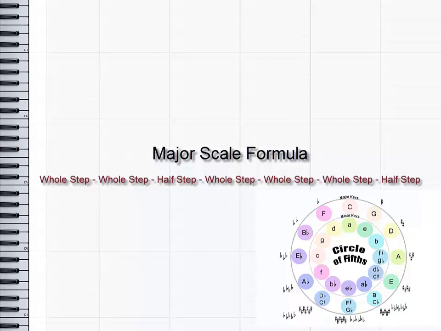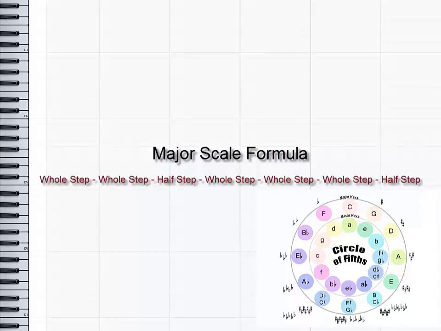So we have the same sharps that we saw in A major. F sharp, G sharp, and C sharp. Back to F sharp.